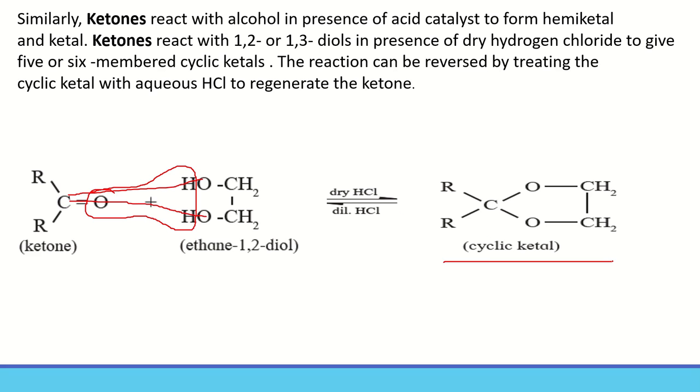Clear? You will get the cyclic ketal. Very simple reaction. Ketone gives the ketal. Clear? It is a very simple reaction. Cyclic ketal is used as a protecting group for ketone in a reaction of a multifunctional compound to which the ketone is sensitive.